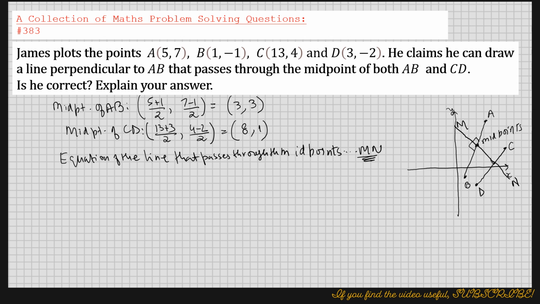If we can just find the gradient of MN, probably we don't have to find the equation of the line. So I'm wrong here. We don't need the equation of the line. We don't want to do too much work. I'm already doing a bit more work probably. So let's not find the equation of the line.